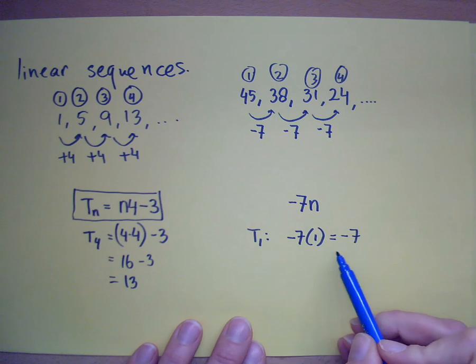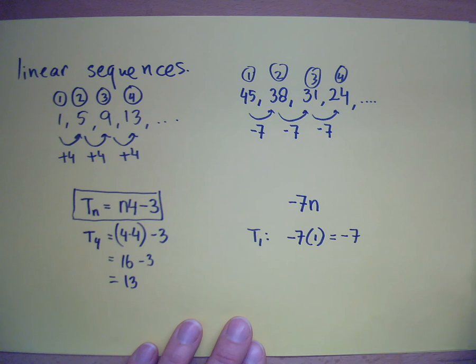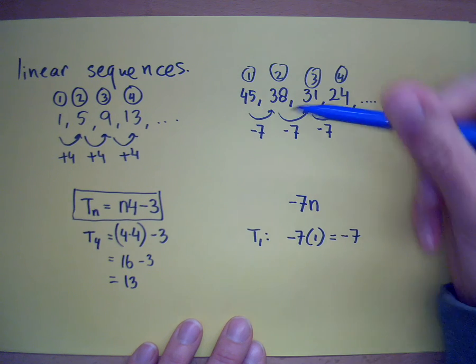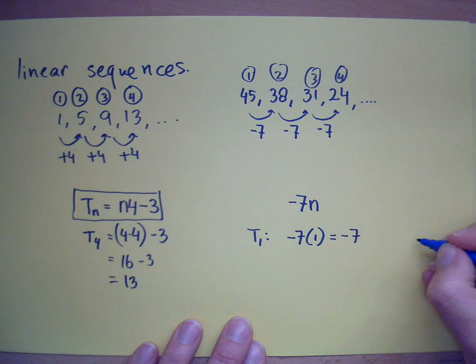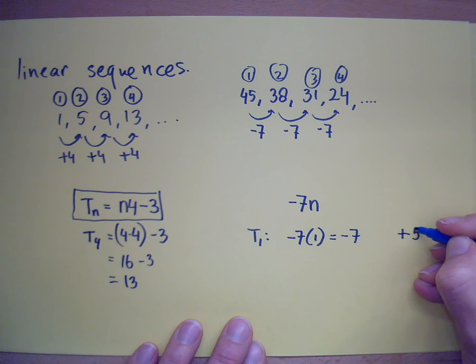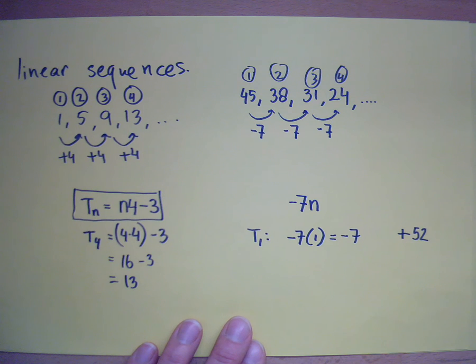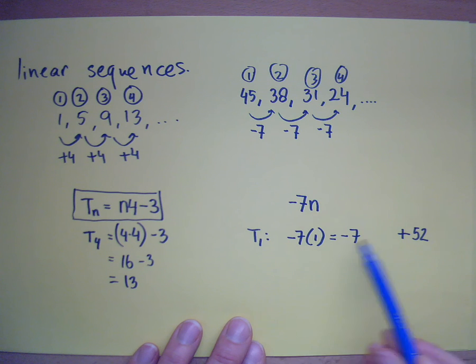Term 1, right? It's not negative 7, it's 45. So what do we need to add to get to 45? We need to add 45 and 7, 52, right? So my guess is that Tn is going to be negative 7n plus 52.